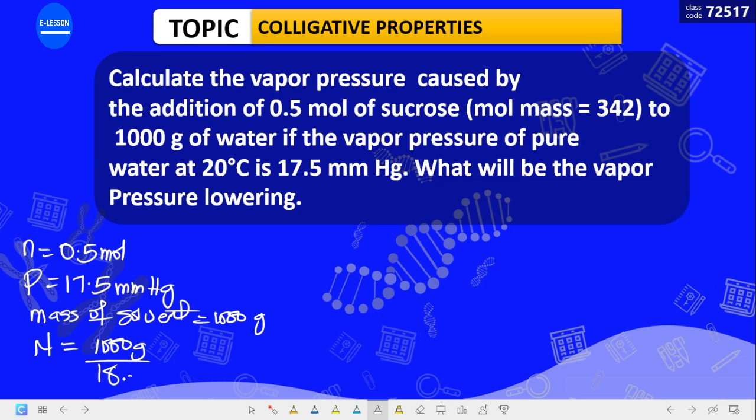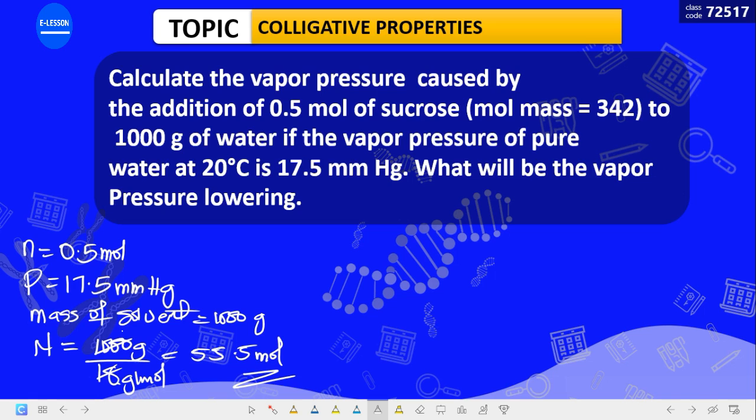This is what you should know by now. Number of moles is mass over molar mass. So when this cancels this, it gives us 55.5 mole. So whenever they give us water to be 1000 gram, know that the number of moles is 55.5.